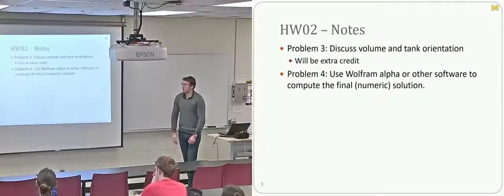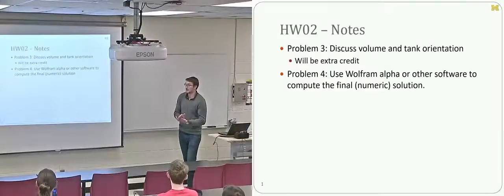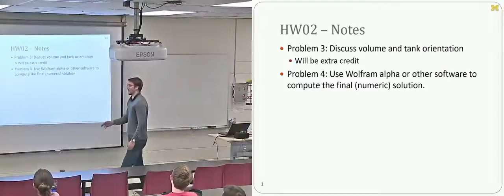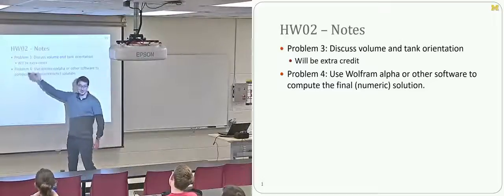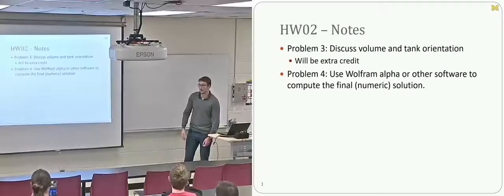So you can solve it for a half cylindrical ballast tank in either orientation, and that'll be okay. But more importantly, this problem is going to be dropped from the required part of the homework and will be made extra credit.